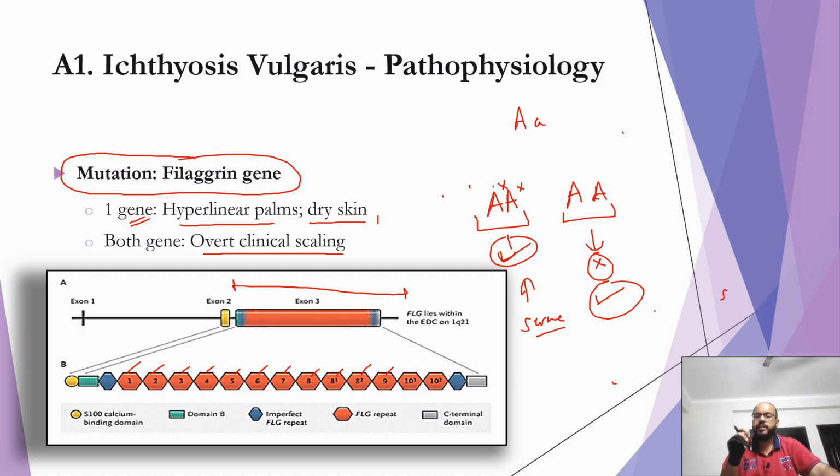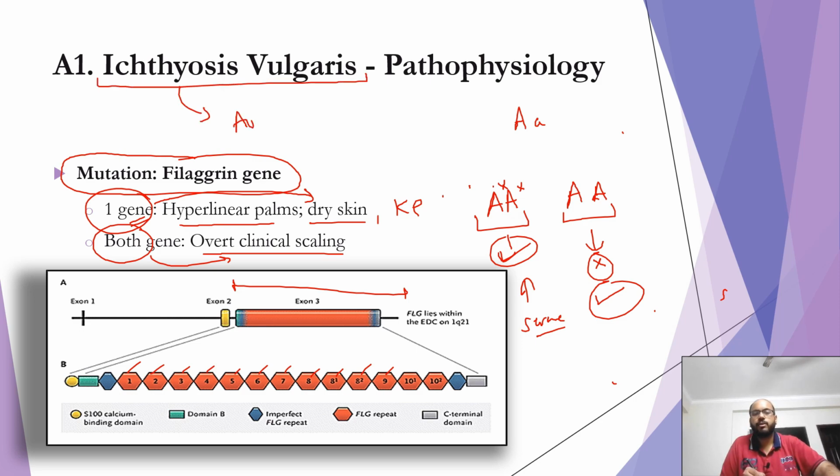But for the overt clinical scaling, for the whole skin to show all the effects of ichthyosis, both the genes have to be mutated. So remember, both genes give rise to overt clinical scaling, while one gene mutation will give rise to features like KPs, hyperlinear palms, and dry skin only, not overt ichthyosis. And this particular inheritance makes Ichthyosis vulgaris an autosomal semi-dominant.